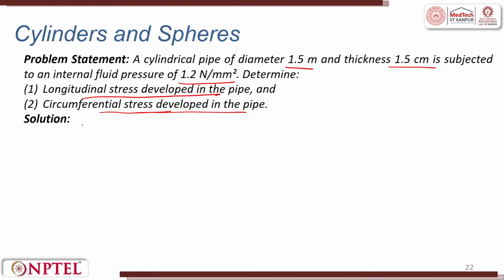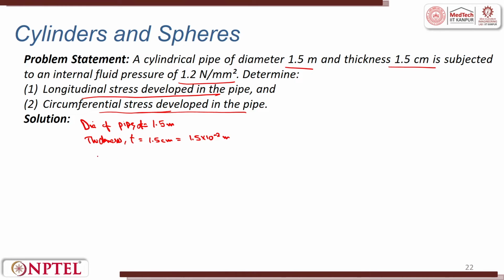So, here the diameter of pipe is equal to 1.5 meter. I will put diameter as D. Thickness t is equal to 1.5 centimeter, or this is equal to 1.5 into 10 raised to the power minus 2 meters.